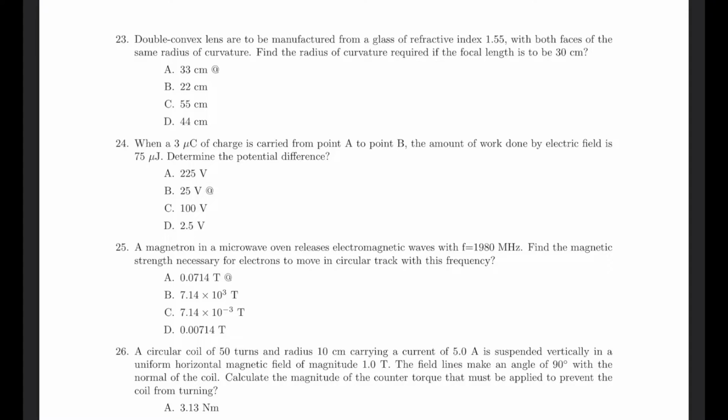Double convex lenses are to be manufactured from a glass of refractive index 1.55 with both faces of the same radius of curvature. Find the radius of curvature required if the focal length is 30 cm. From the lens maker equation, 1/f = (mu - 1)(1/r1 - 1/r2). r1 is positive, r2 is negative for a double convex lens.